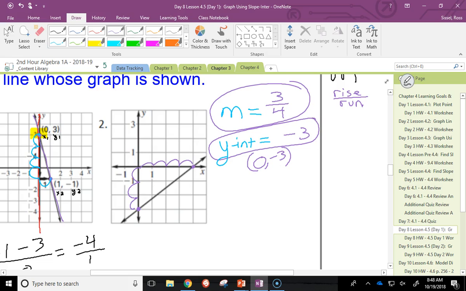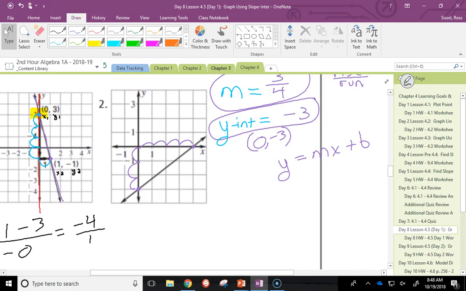Can I take this now and write this as a slope-intercept equation? y equals mx plus b. Do I know anything? Okay, we don't know y yet. We're going to say y equals, do I know the m? Do I know the slope? Slope is 3/4. Okay, so I'm going to say 3/4 x. Do I know my y-intercept?